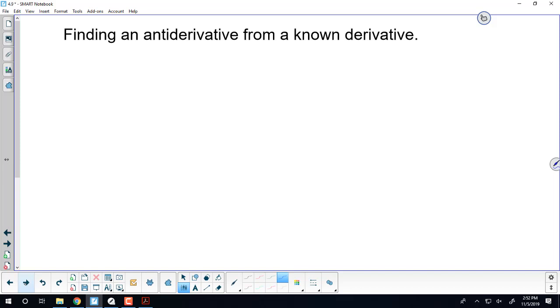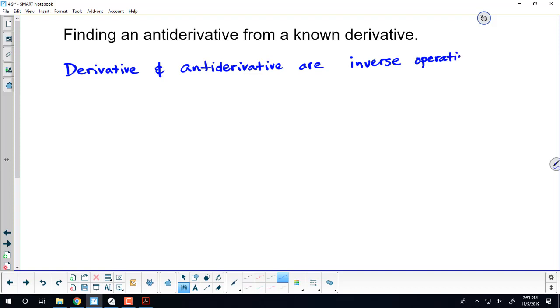So finding an antiderivative from a known derivative is based on the fact that the derivative and antiderivative are inverses. And so more or less we get two things, right?